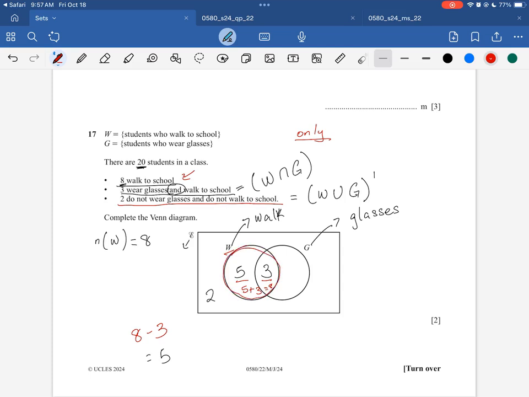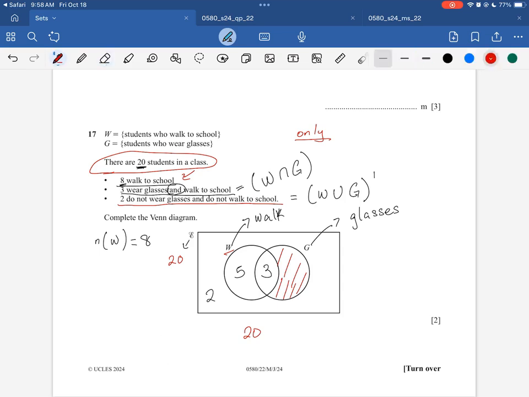Right. Now that leaves us with G. What is here? How do we find out? They didn't give us any more information, but apparently we have all the information we need, because we know that the universal set is 20. That's the total number of students in class. So you have 20. We're looking for G only, right?